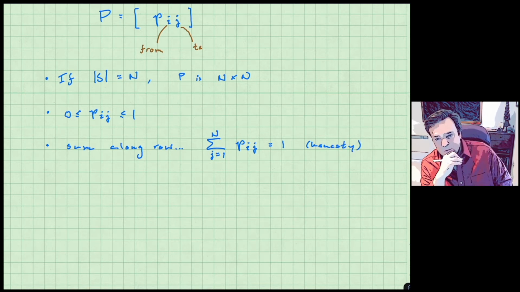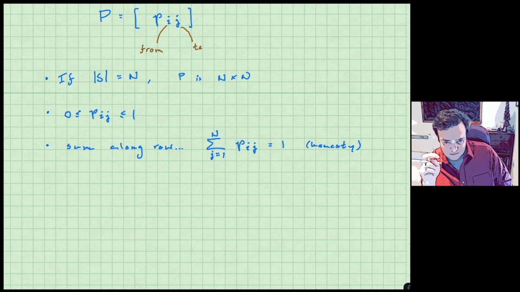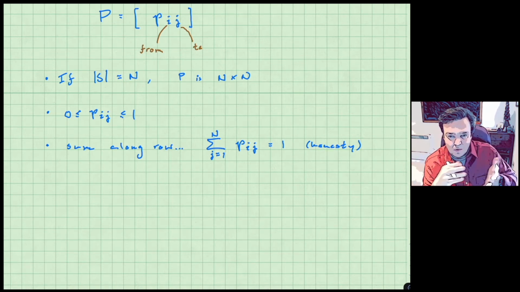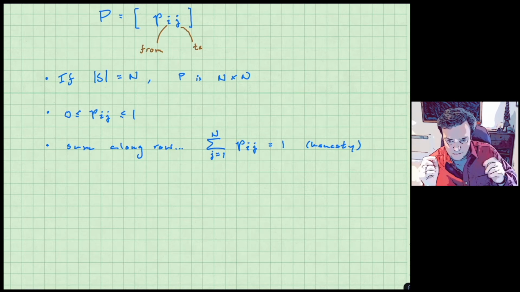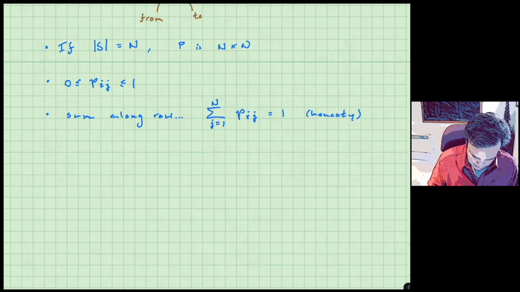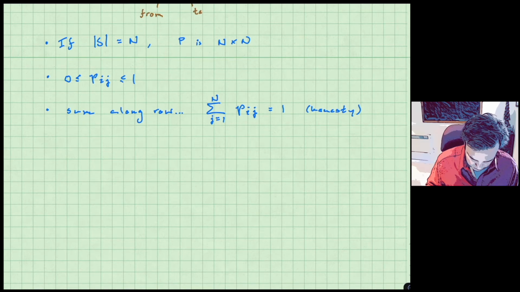The event is leaving state i, transitioned from state i, and one of those transitions actually is going back to state i. So that's part of that story. Those all have to add up to 1. That's one restriction you might have realized.